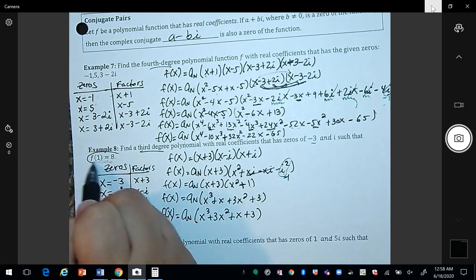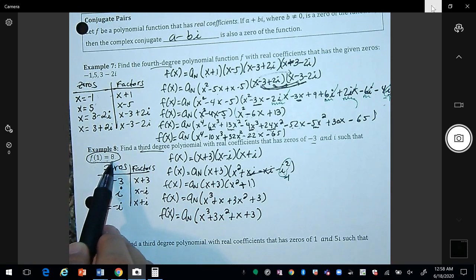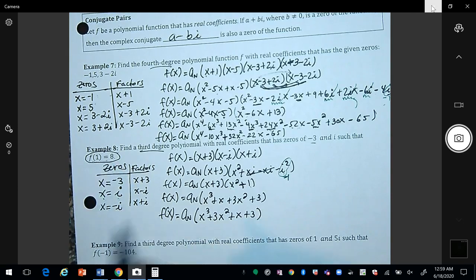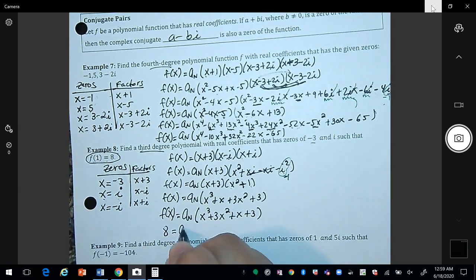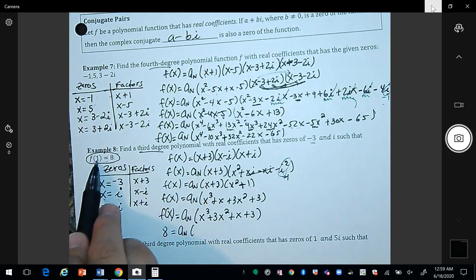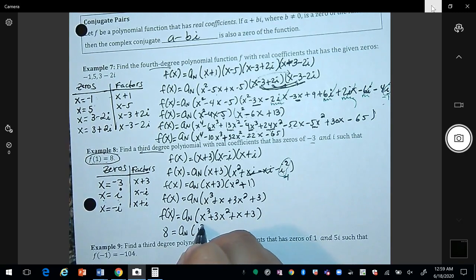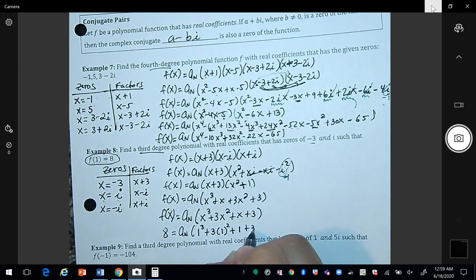But now they give me this information, which means that when x is 1, our y is equal to 8. So since we have this information, our y is 8 here. And everywhere I see an x, I'm going to substitute a 1. By doing this, we're going to be looking for that leading coefficient.